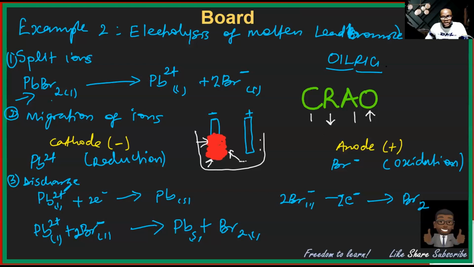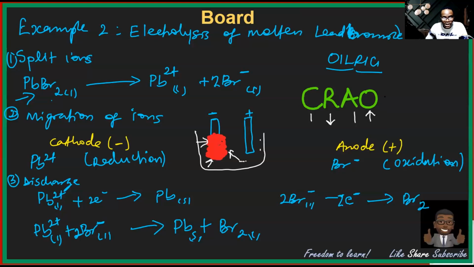The two of them do different things. OIL RIG helps you define oxidation and reduction: during oxidation, you have loss of electrons, during reduction, you have gain of electrons.